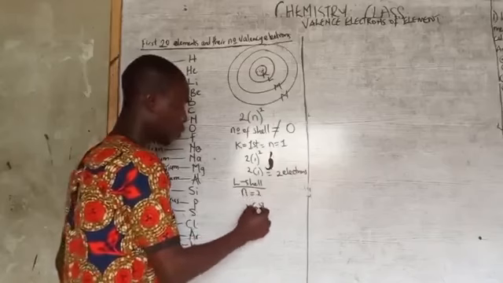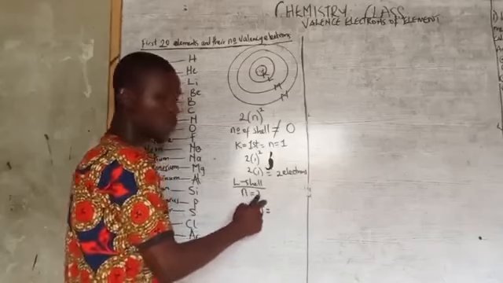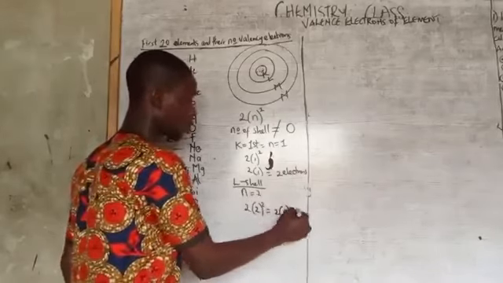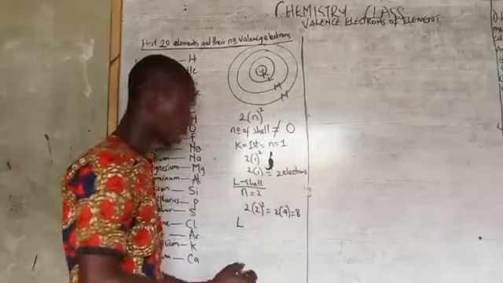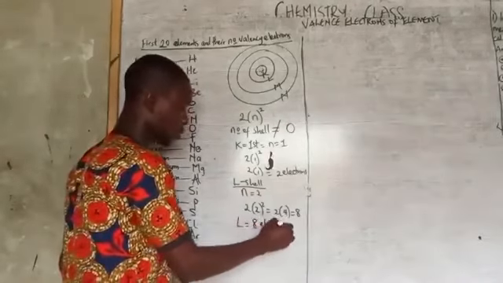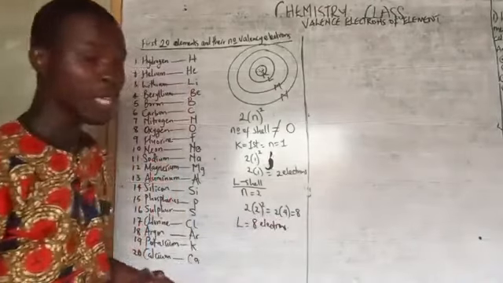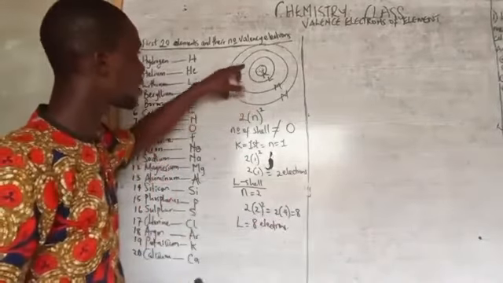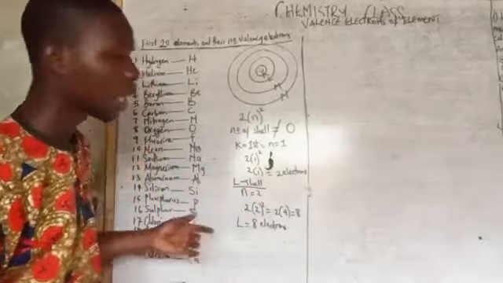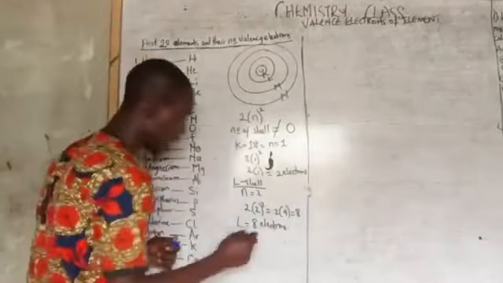So I put 2 here. 2 power 2 is 4. And that's 2 times 4, which is 8. So my shell L will contain 8 electrons. So that means the maximum number of electrons that this L can occupy is 8 electrons. And now let's see the next shell, which is M shell.